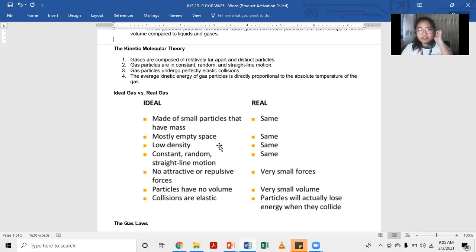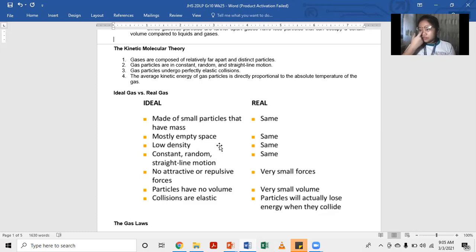Okay, so kaya meron tayong pressure, kumbaga merong pressure na ina-exert yung gases natin kasi nga napupush niya yung sides ng container para mag-expand yung balloon. So that is one of the evidences that you can say that pressure is exerted by gas particles.